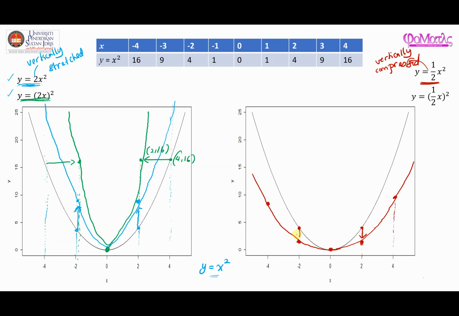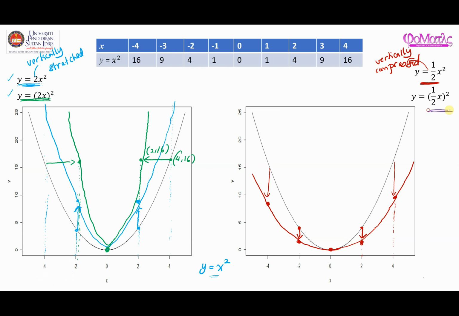So it is going downwards. This one is vertically compressed. You are pressing it downwards, compressing it downwards. Now let's look at the second function, purple.